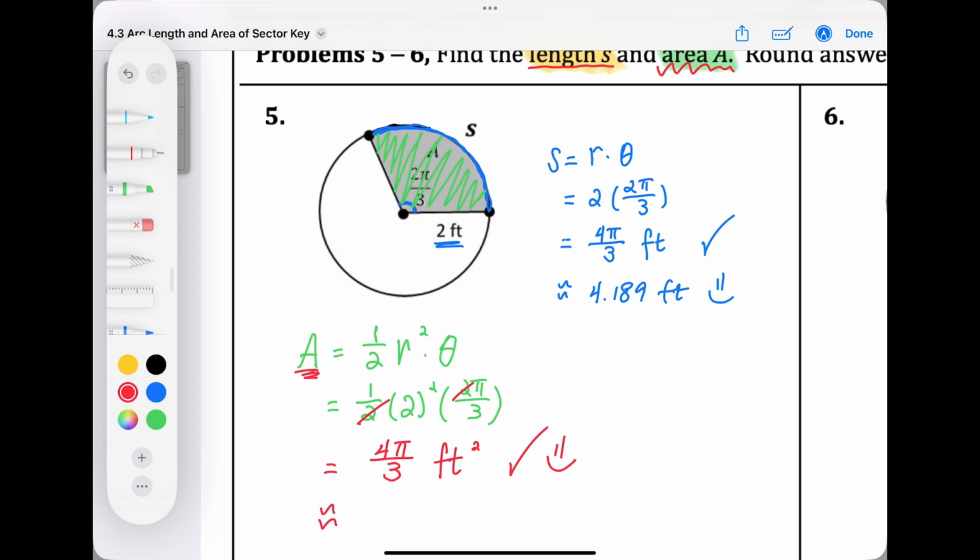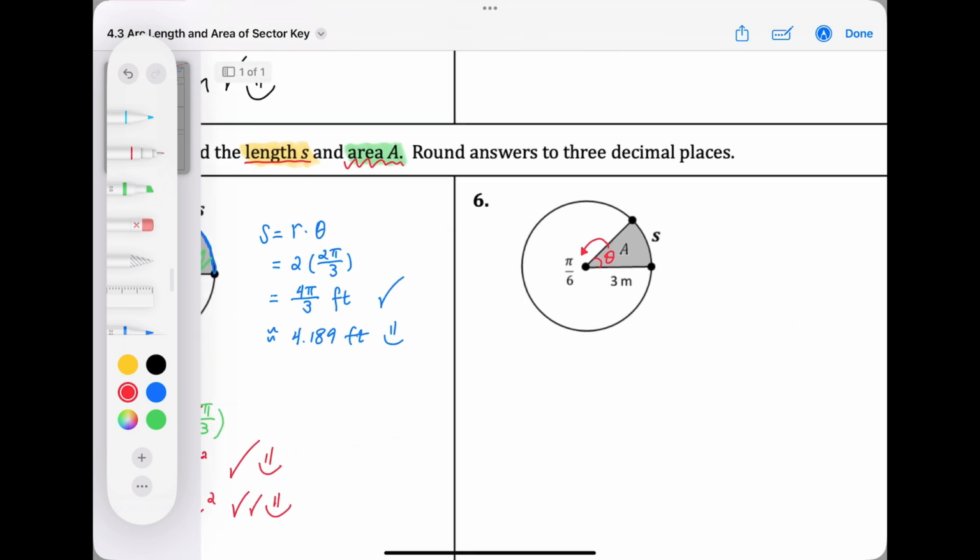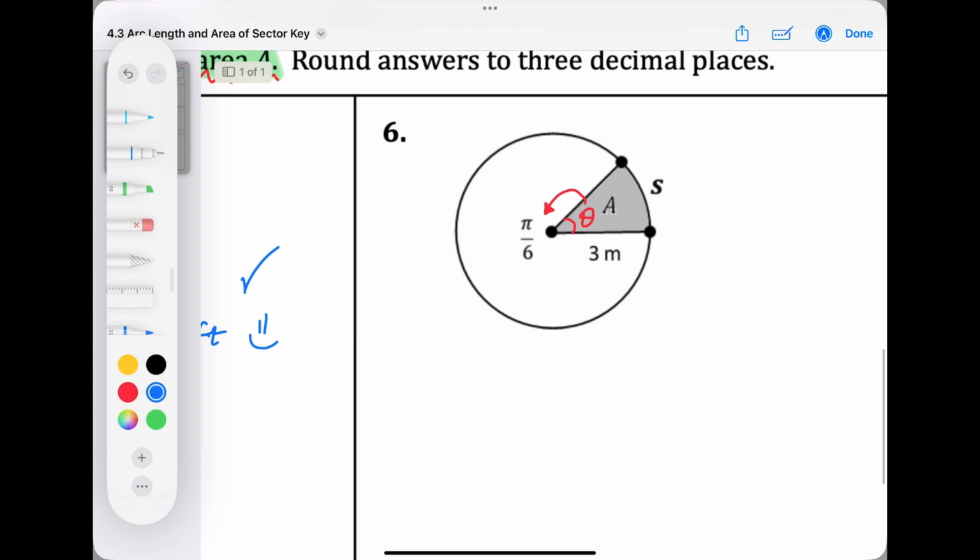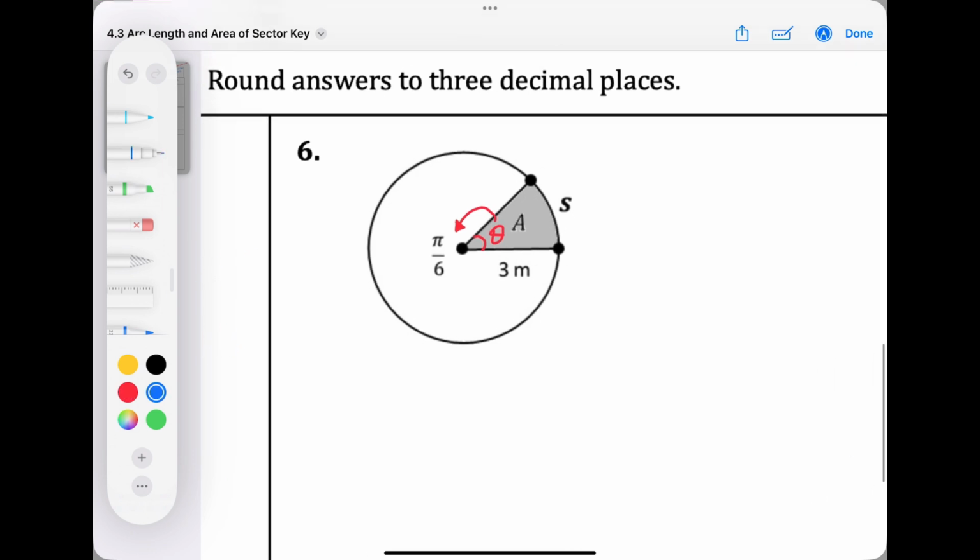And yes, indeed, if you say, can I give you a decimal? Yes, you can plug it in, and I got 4.189 feet square. Good. All right, one more to show off. So same thing, as you can see the arc length is talking about how far I go. So that is equal to the radius times the central angle. So what you see is what you got. 3, it's my radius, times the angle is pi over 6, which will be 30 degrees, right?